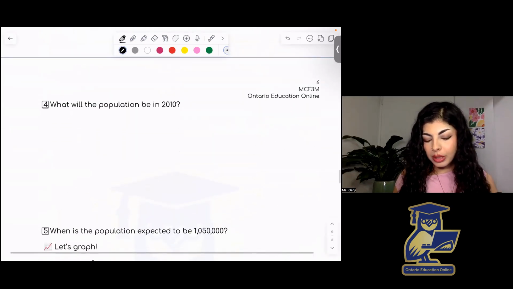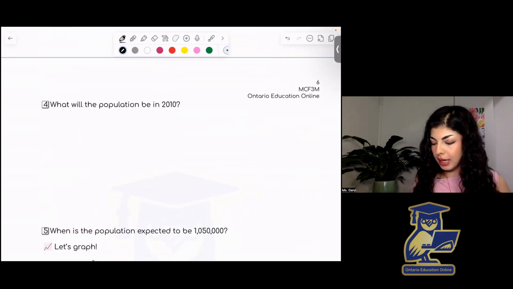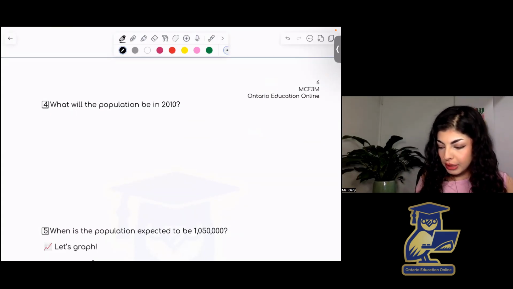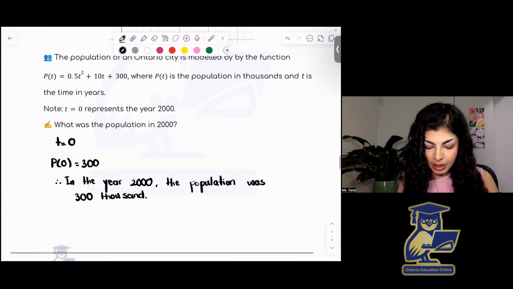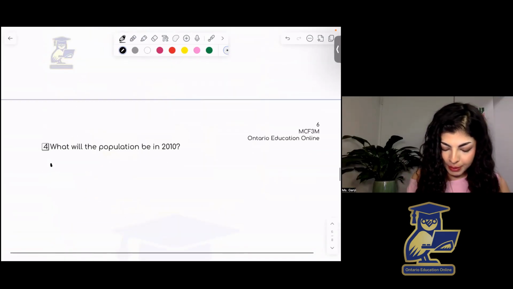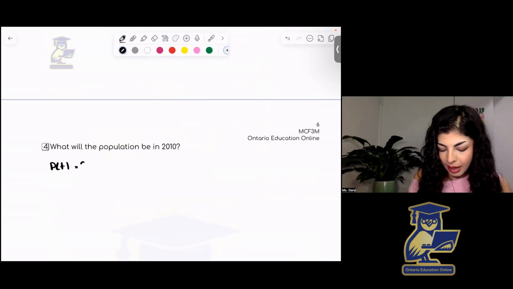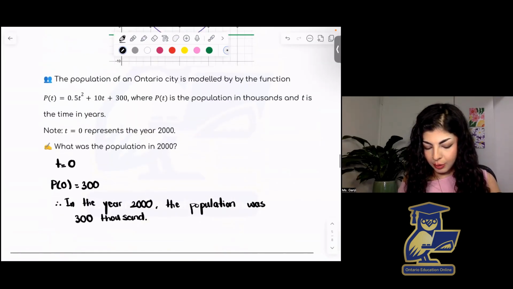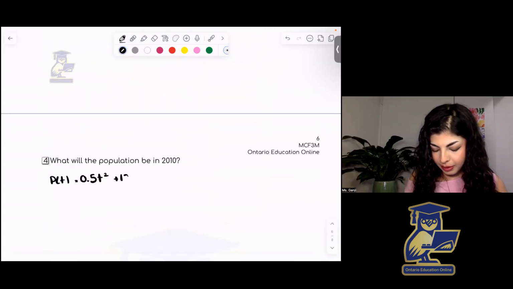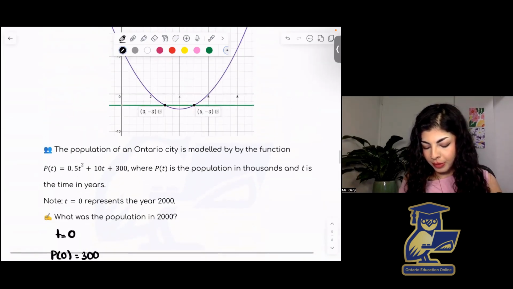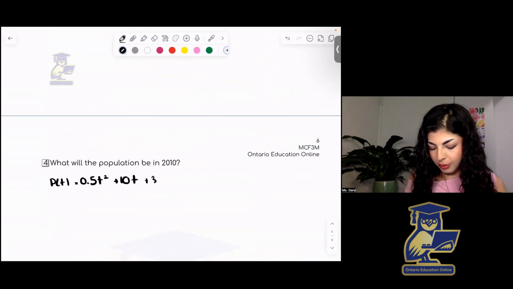Now, what will the population be in 2010? So for this one, I need my equation one more time. So P of t, and I highly recommend you always rewrite the equation if you don't have it right in front of you for each problem.